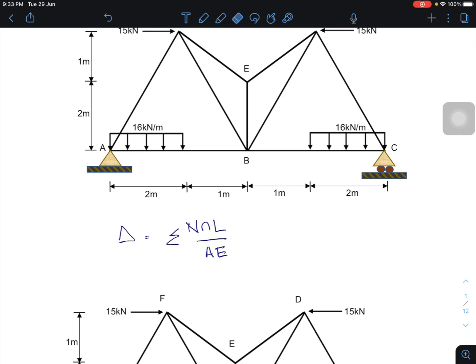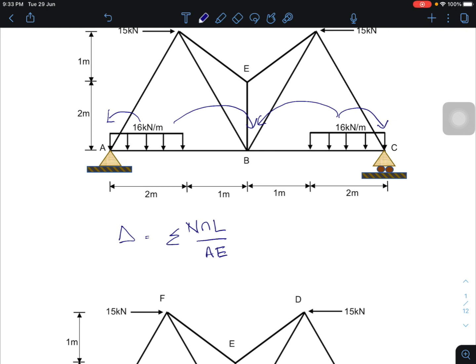If you look at this UDL, or uniformly distributed load, we need to transfer this load as point loads to joints, both joints. Let's say for this member, we need to transfer this 16 kilonewton as point load to joint A and joint B. And this one also transfers to this joint and to this joint.